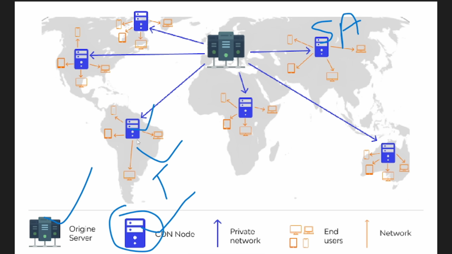Let's suppose someone is going to access their photos, even if you are on Facebook and opening your profile, definitely when you open your profile, all the contents will be loaded frequently. So do you realize how quickly the performance can be achieved? You can view your content quickly wherever you are.